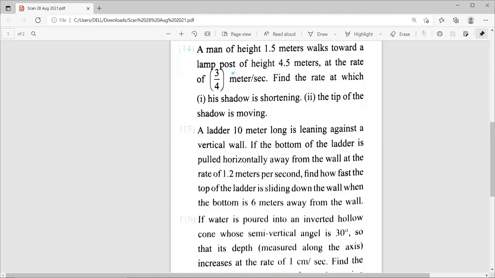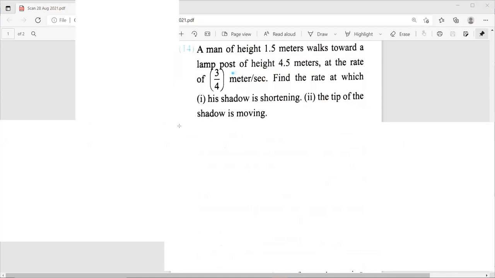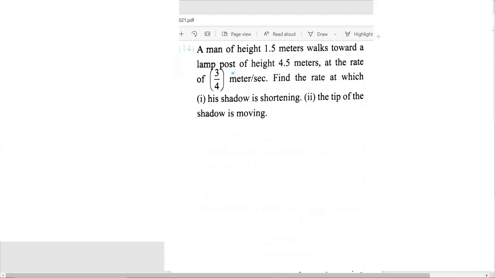We will solve the 14th question, and see what is question number 14. In the 14th question, we have a man of height 1.5 meters walks towards the lamppost.